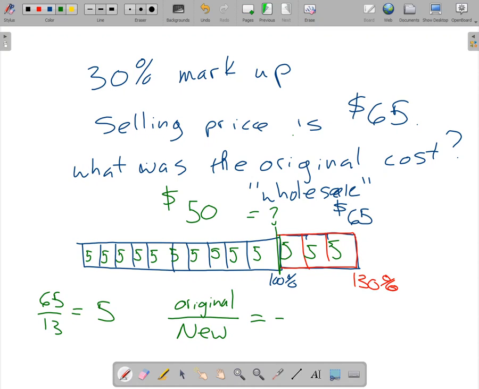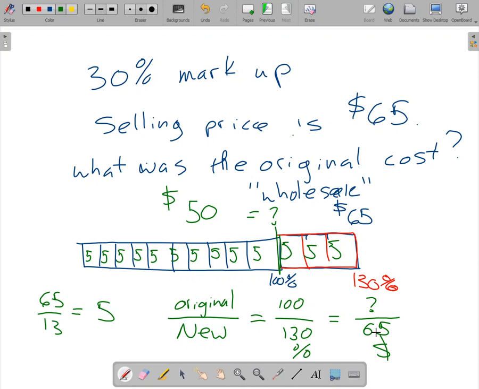I know the original was 100%, and the new has to be 130%. So percents are going in my first fraction. My next fraction is going to be dollars. I don't know the original, so that's where the question mark is going to go. And then the 65 is the new price, so it goes down there at the bottom.